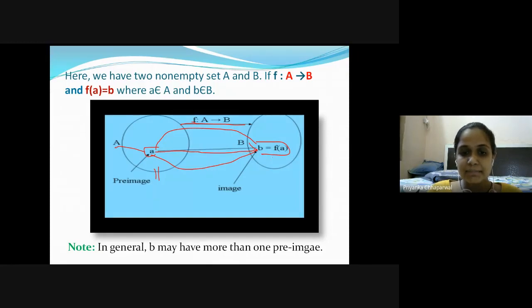In general, b may have more than one pre-image, it is possible. Suppose in set A I define c. It is possible that b has two pre-images, first a and c, but it is not possible that a and c have the same image in set B. So it is a function.